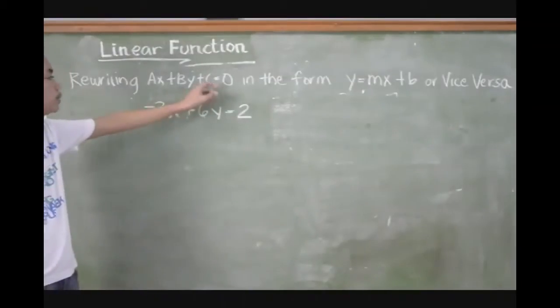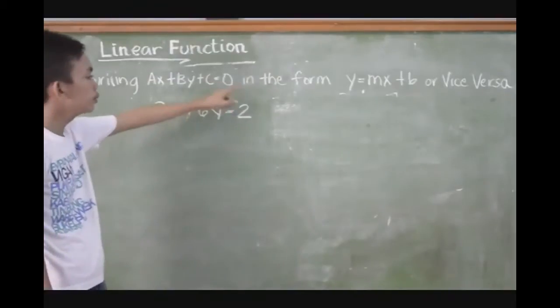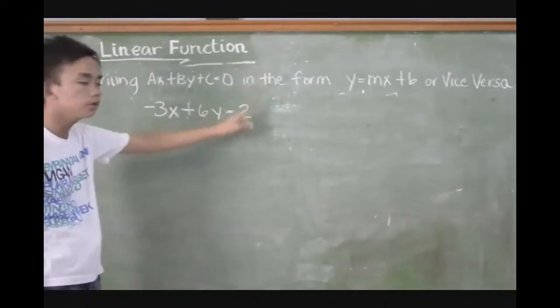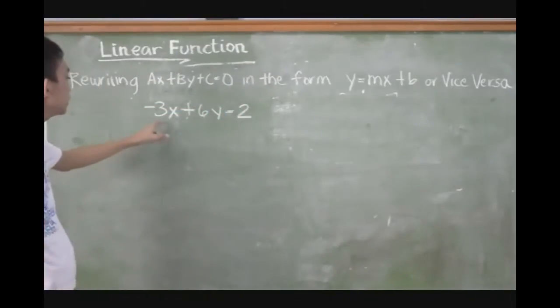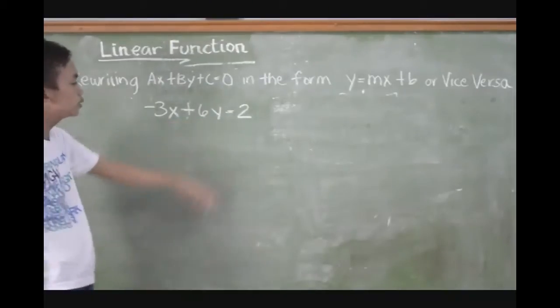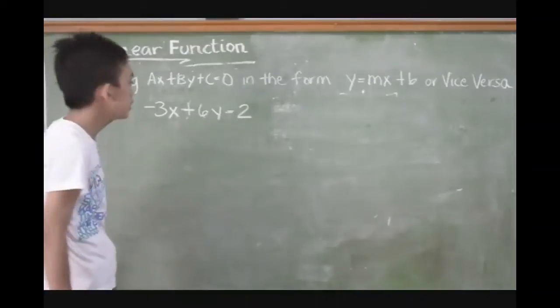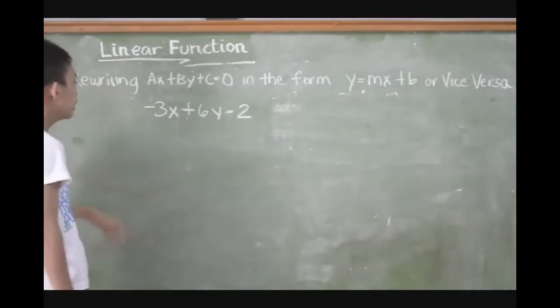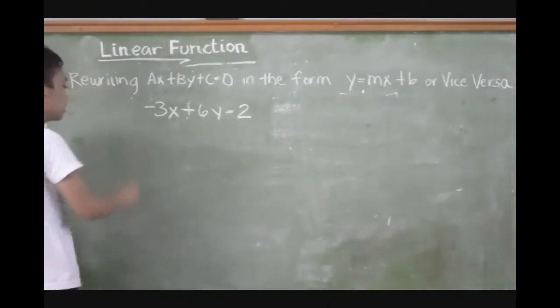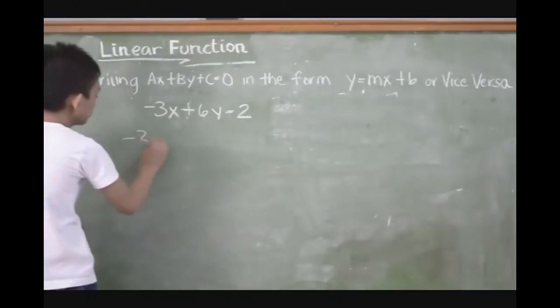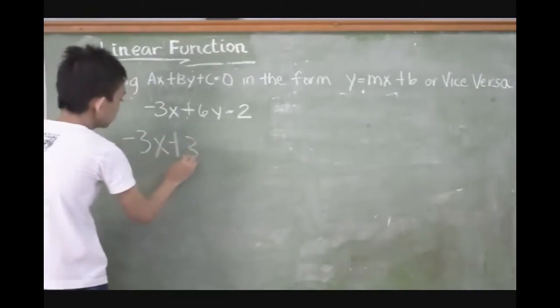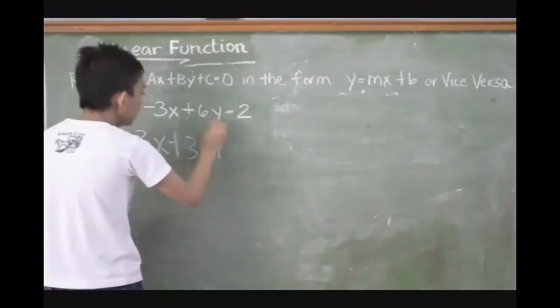Writing ax plus by plus c equals 0 in the form y equals mx plus b or vice versa. In this case, negative 3x plus 6y equals 2. I will transform this into the form y equals mx plus b. To isolate 6y, we have to add 3x on both sides. I will copy 6y.